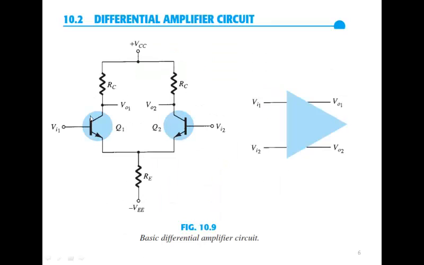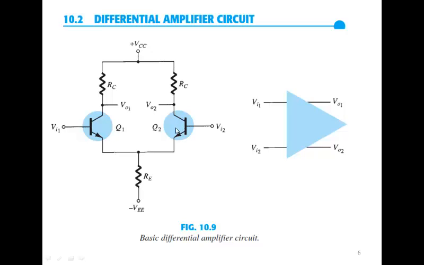So this is the differential amplifier. The differential amplifier is the input stage of an operational amplifier, and it consists of two identical branches, each consisting of a transistor and a resistor.